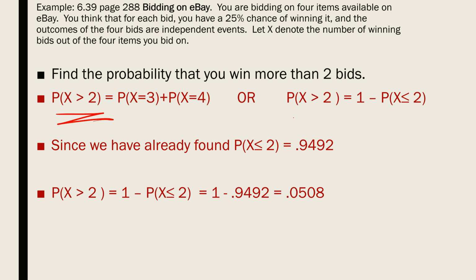Or it also equals 1 minus the probability of x smaller than or equal to 2. Since we already found the probability of x less than or equal to 2, we can just plug in this number and then calculate the probability of x larger than 2.